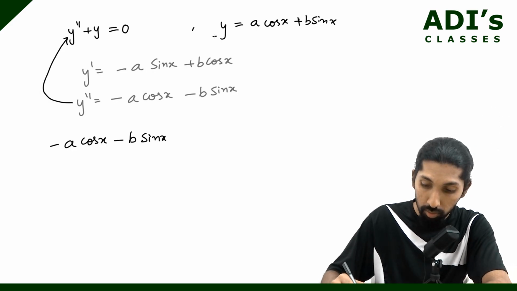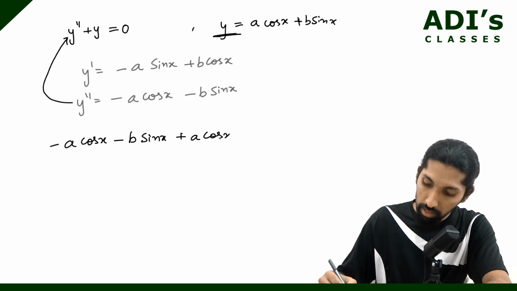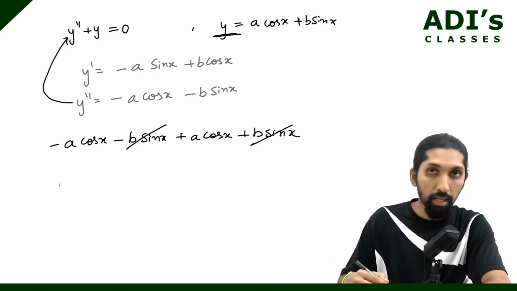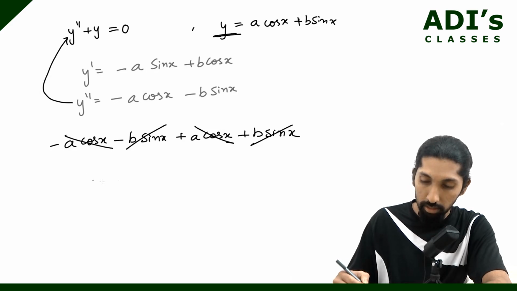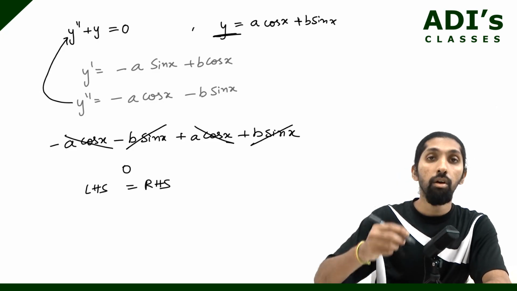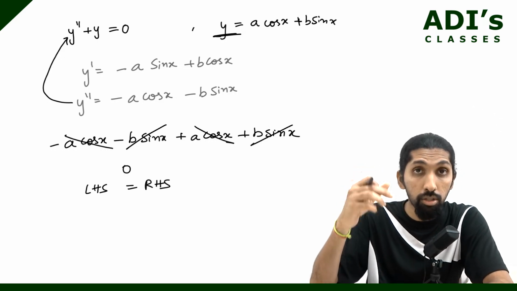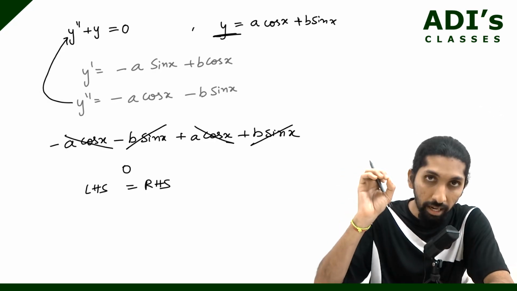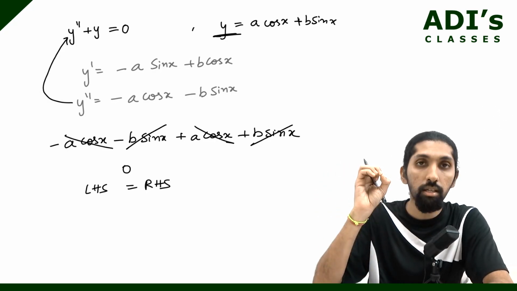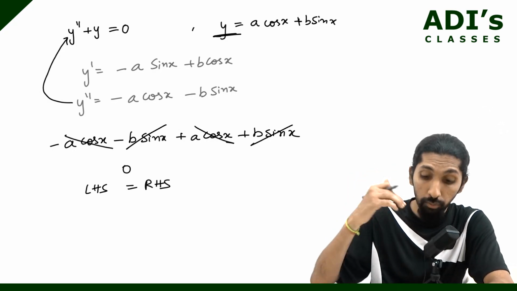Y is this one, which is plus a cos x plus b sin x. B sin x cancels. A cos x cancels. What do you get? 0. So LHS is equal to RHS. So we have verified that the given general solution is actually the solution for this differential equation. Fair enough?